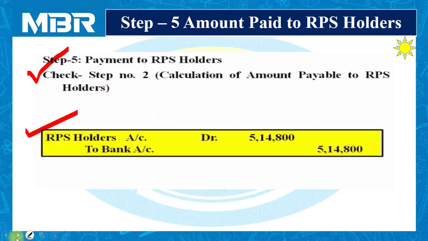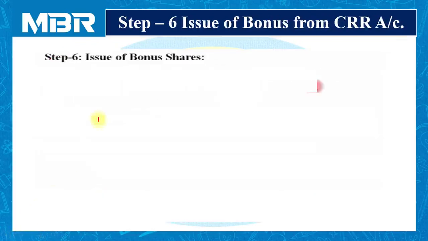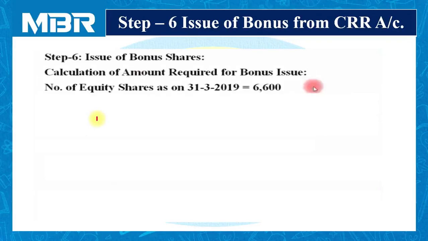Now step number 6 is again common for all of us because we have already completed it in earlier questions. It is a very simple step related to the issue of bonus shares. As I discussed with you, for the purpose of issuing bonus shares, it is necessary to focus on the information. As per the information in our question, we have to issue bonus shares.